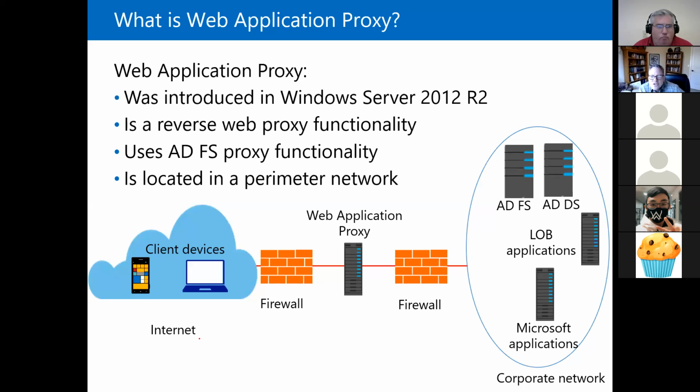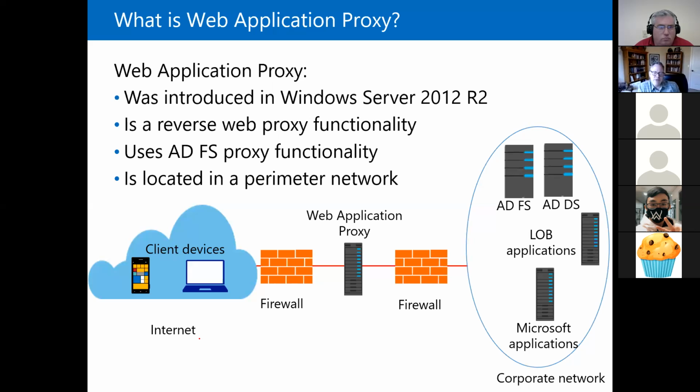Or it can do pass-through, and the web application can pass through to the application server below. The application server can go up to ADFS and Active Directory Domain Services and get authentication, and then it can pass it back. However it authenticates, it gets passed back to the web application proxy, which then passes that back to the client and says, yes, you have access, and so forth.